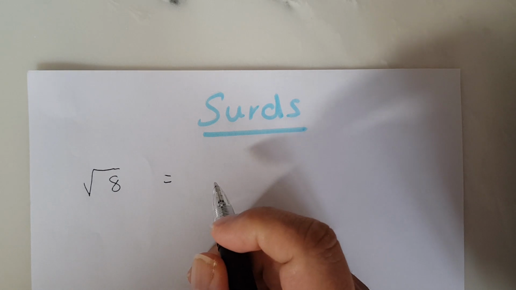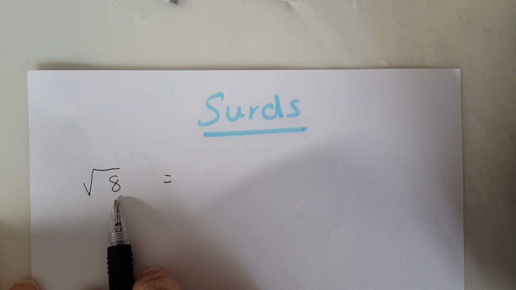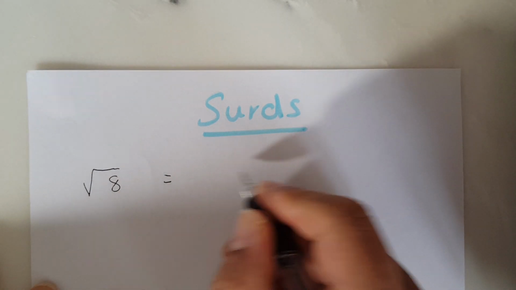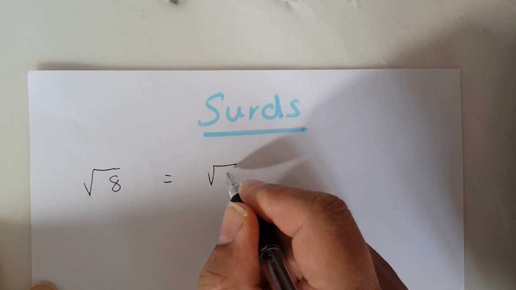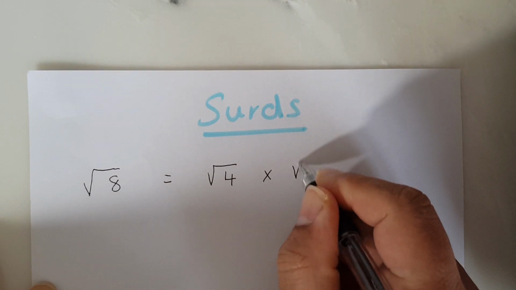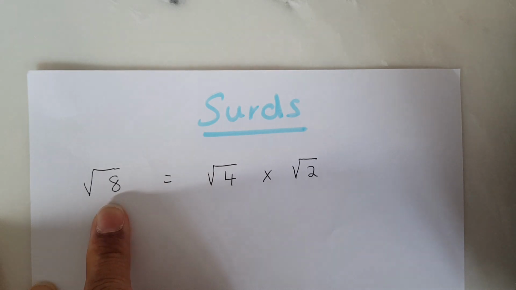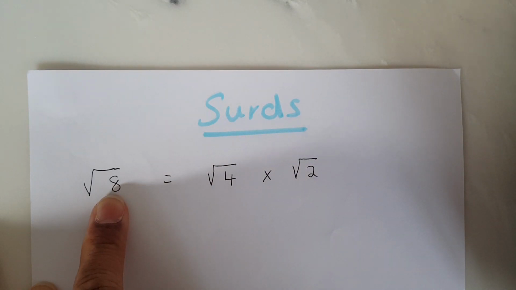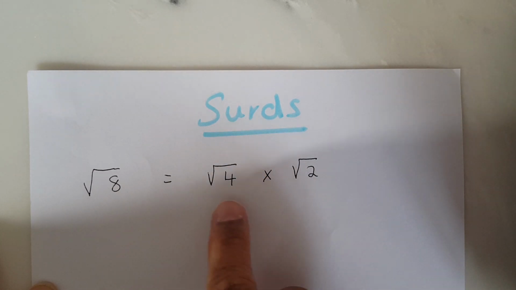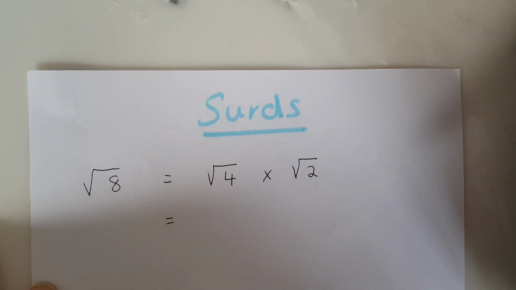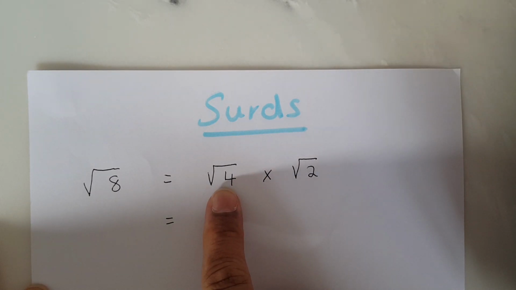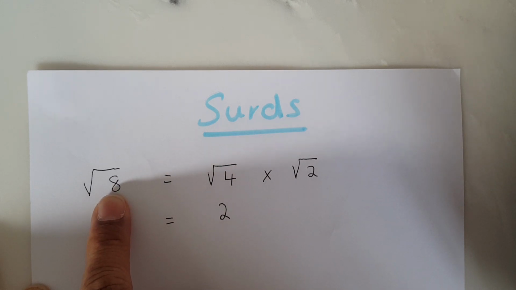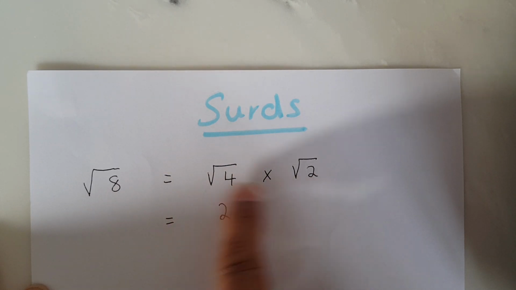So what do we do? What we can do with this is simplify. We find two numbers multiplied together to make 8: 4 times 2. So square root of 4 times square root of 2 will make square root of 8. We can continue simplifying, because we can square root 4 to make 2.